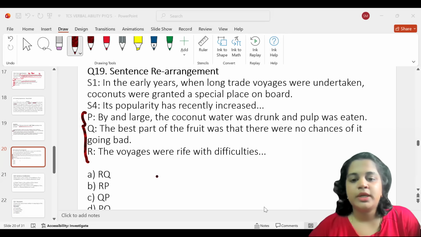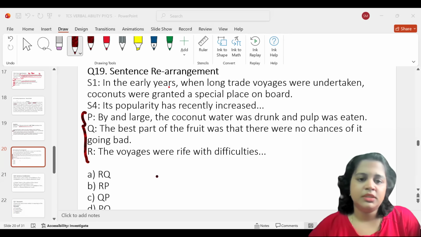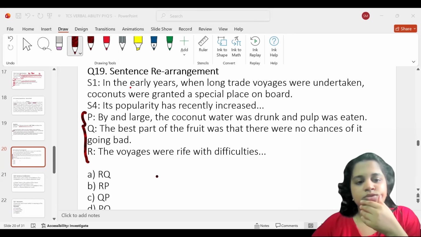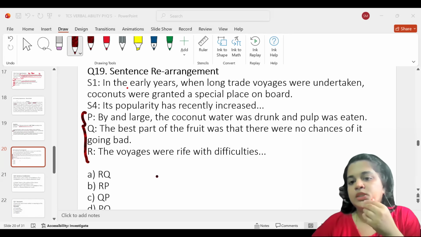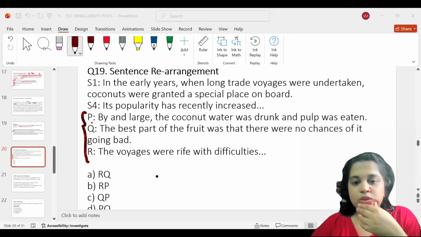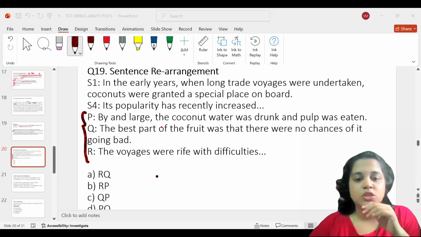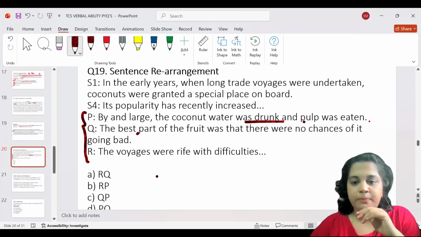Let us try to answer that. After S1, in the early years when long trade voyages were undertaken, the logical continuation could be usage, which is mentioned in sentence B. By and large, coconut water was drunk and pulp was eaten.